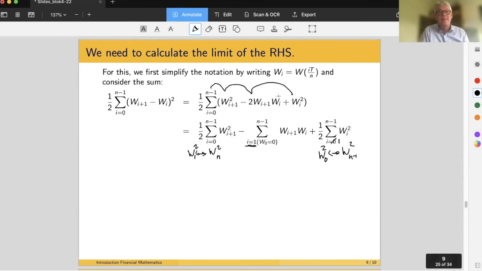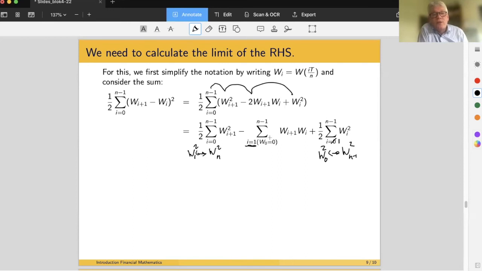So it's 1/2 the sum i runs from 0 to n minus 1, W_{i+1} squared, minus the sum i from 0 to n minus 1 of the mixed term, W_{i+1} W_i, plus the last term, 1/2 the sum i runs from 0 to n minus 1, W_i squared.